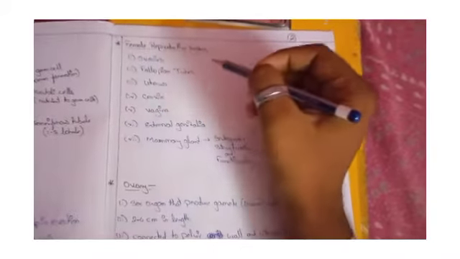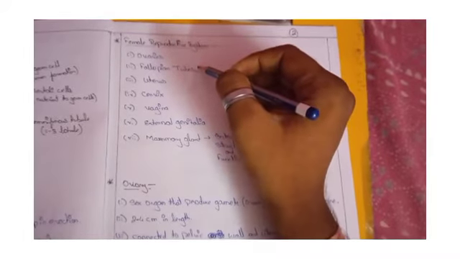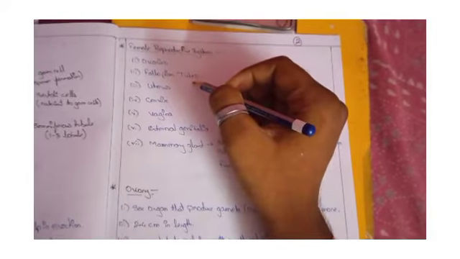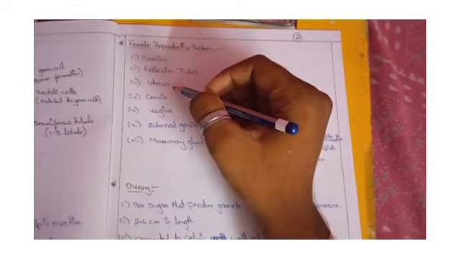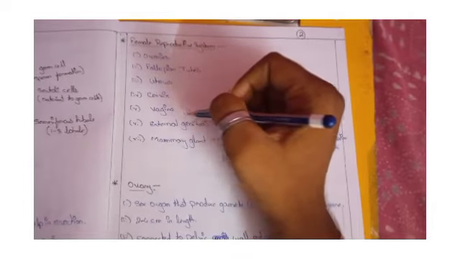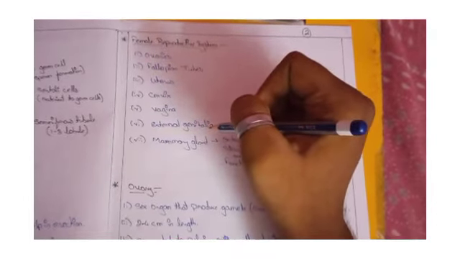The primary sex organ is the ovaries, and the secondary sex organs are the fallopian tubes, uterus, cervix, vagina, and external genitalia.